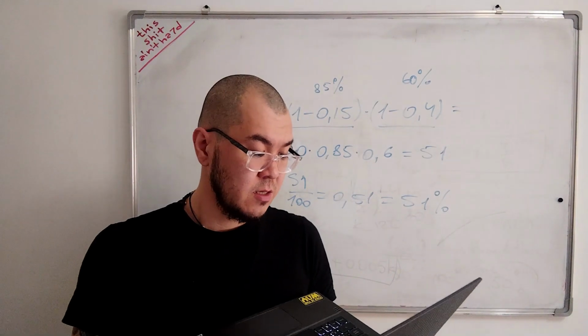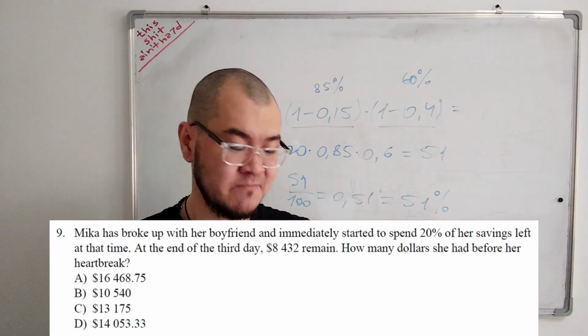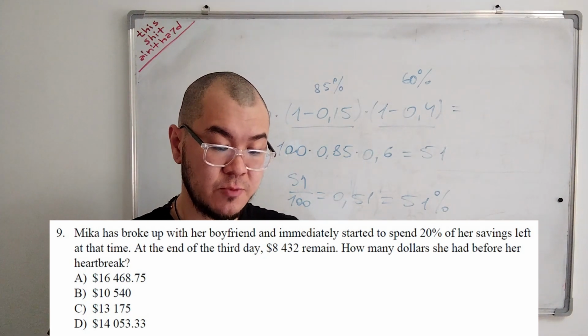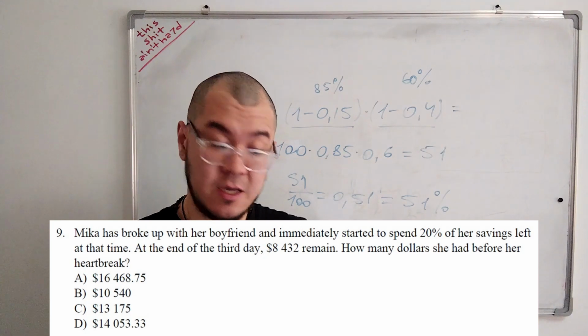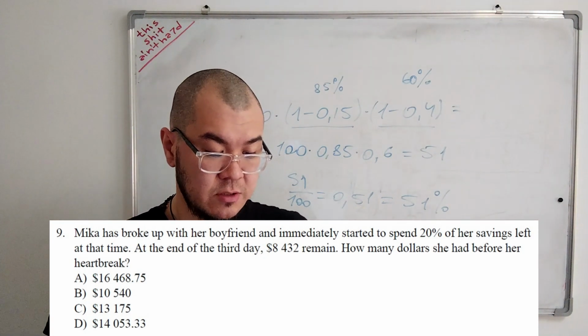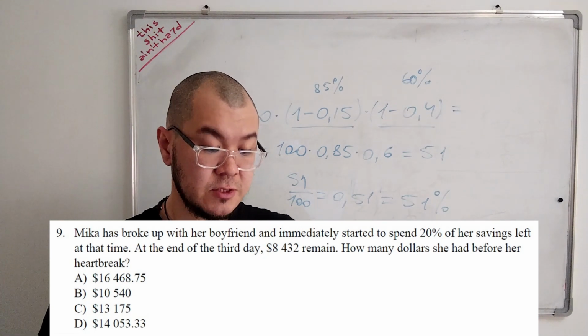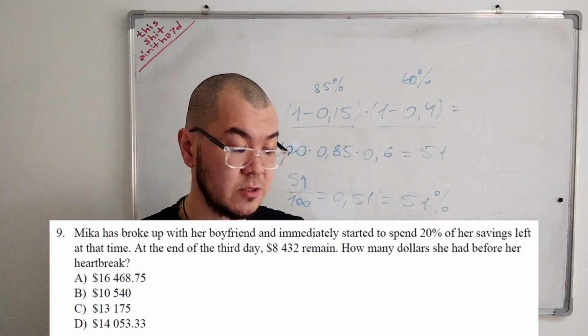Problem number 9. Mika has broken up with her boyfriend and immediately started to spend 20% of her savings left at that time. At the end of the 3rd day, 8,432 bucks remain. How many dollars did she have before her heartbreak?